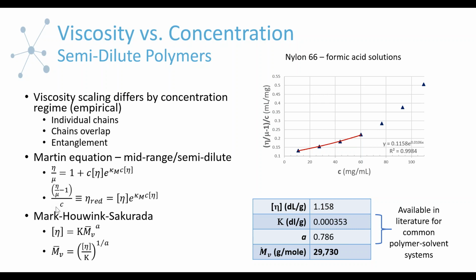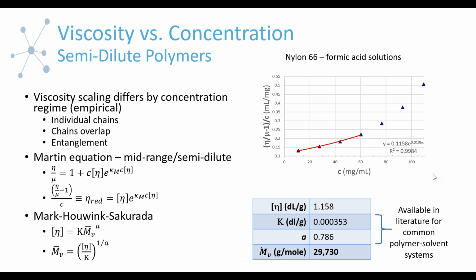So if we adjust this equation to get the reduced viscosity, which is what we plot here, the reduced viscosity versus concentration, we can easily fit an exponential curve to a portion of the data. We're really only interested in the intrinsic viscosity to get the molecular weight.